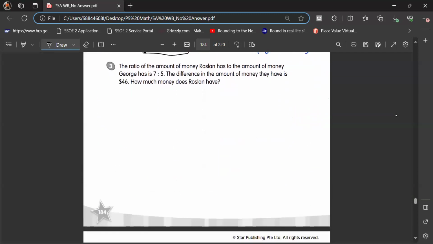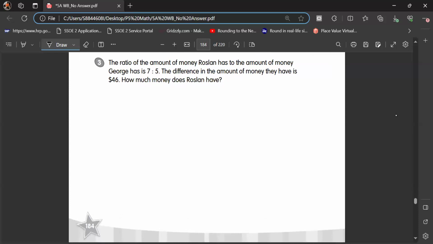So when you look at question 3, page 184, the one of Mr. Roslan, it says that first part, the ratio, so ratio is given. Ratio of the amount of money Roslan has to the amount of money that George has is 7:5. So I can have Roslan and George, and then I can write sum and difference as well. And like what Akhilesh said, I can write ratio here.